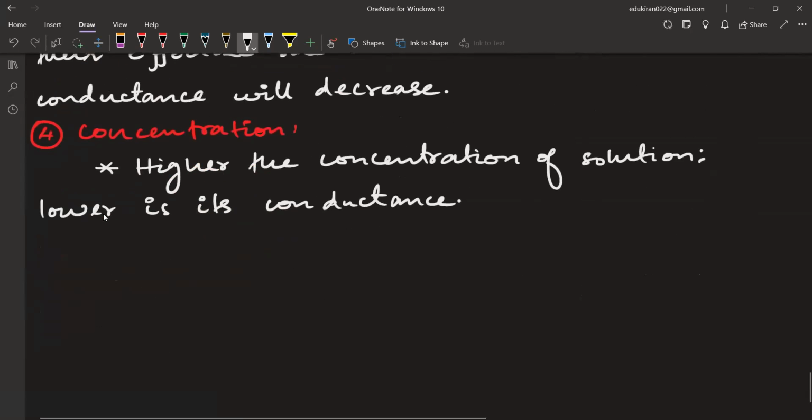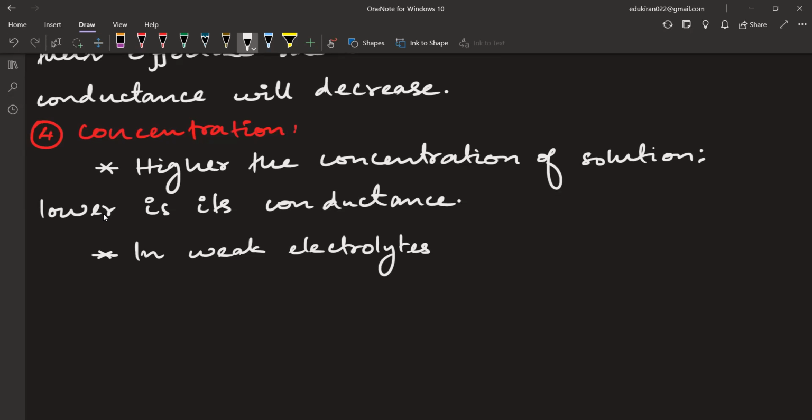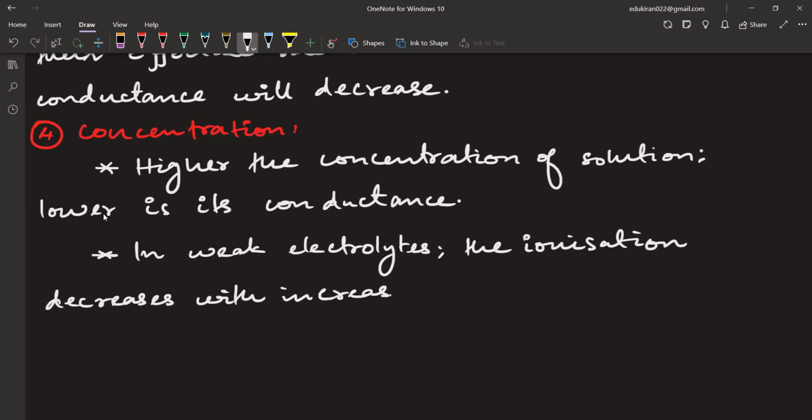Okay, so for this you will write two points, one for the weak electrolytes and one for strong electrolytes. So please write, in weak electrolytes, the ionization decreases with increase in concentration.